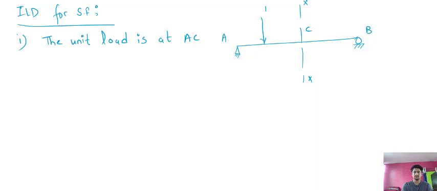This 1 kilonewton load is in the AC span. In the previous lecture I took this distance as a, so this will be L minus a. I am taking the same example for the simply supported beam, and this distance will be x.